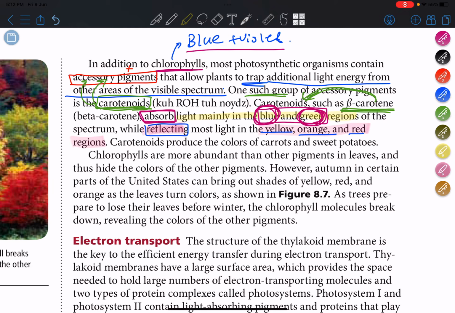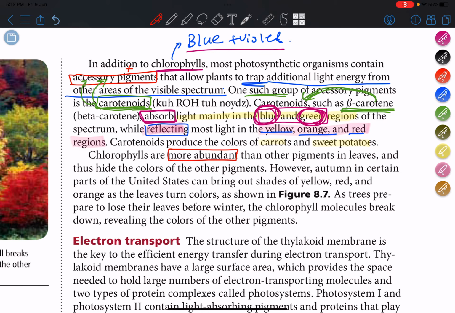Carotenoids produce colors of carrots, of sweet potatoes. So those are some examples of plants that have the colors because of carotenoids. Chlorophylls are more abundant than other pigments. So we have more of chlorophyll than the other pigments in leaves. And thus they hide the colors of the other pigments.